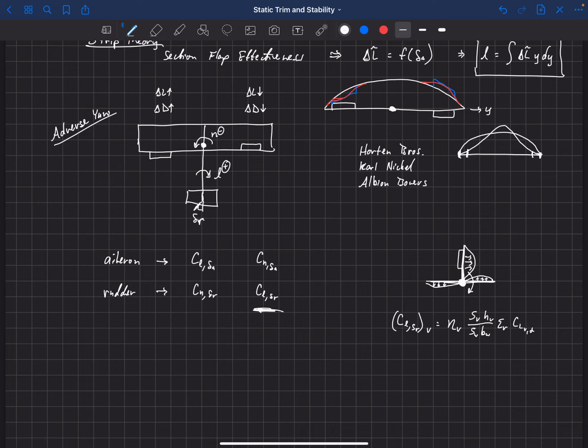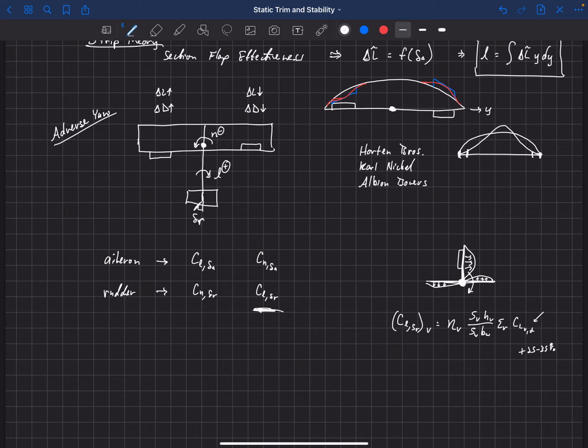And actually, he says that this would increase by 25 to 35%. So I'll just put a plus 25 to 35% if that vertical tail is also hooked to a horizontal tail that's acting like a winglet and would increase the lift slope of the vertical.